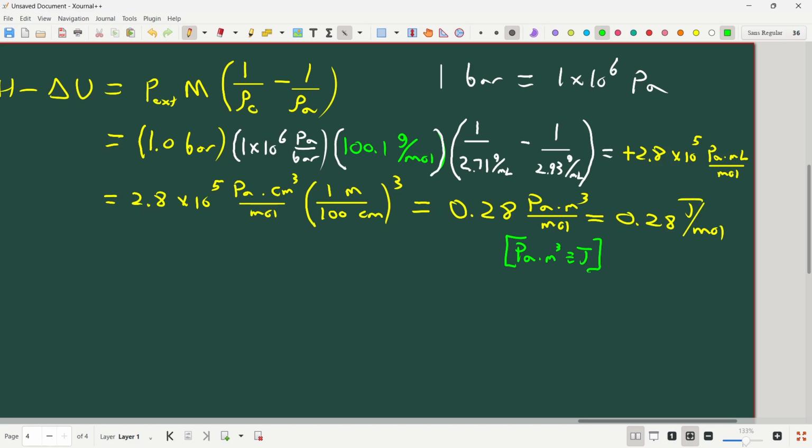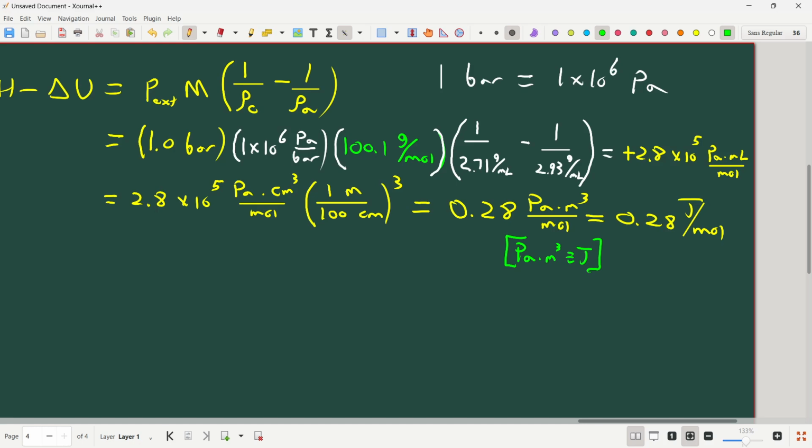Okay, so what that means is that we're going from aragonite to calcite, and so we're going from a dense material to a lighter material. So the system is expanding, and an expansion causes a negative drop in energy.